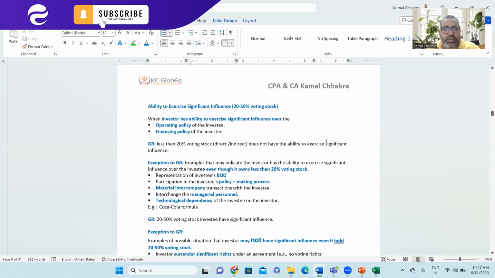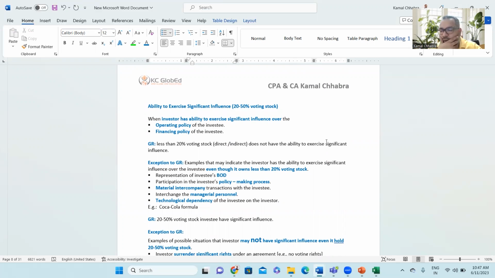So now let's understand a few more concepts. Ability to exercise significant influence. We have discussed earlier that when you have more than 20% equity share or less than 50% equity share or voting right, then you are in a position to significantly influence that particular company, right?